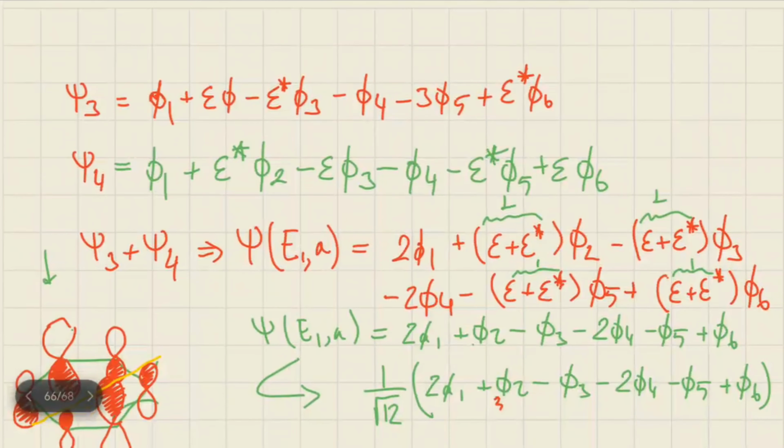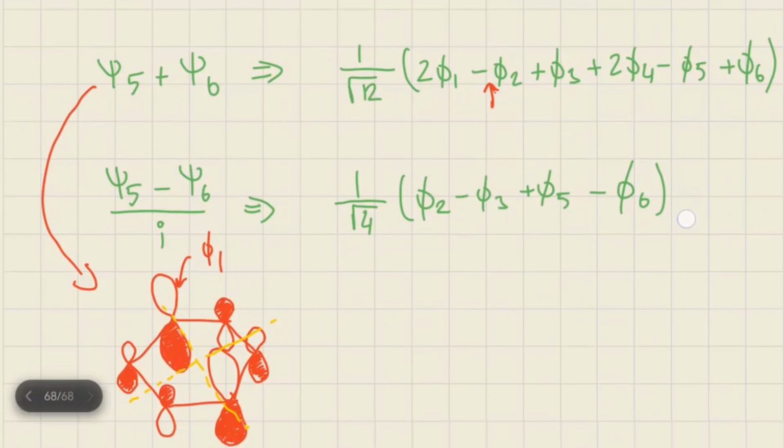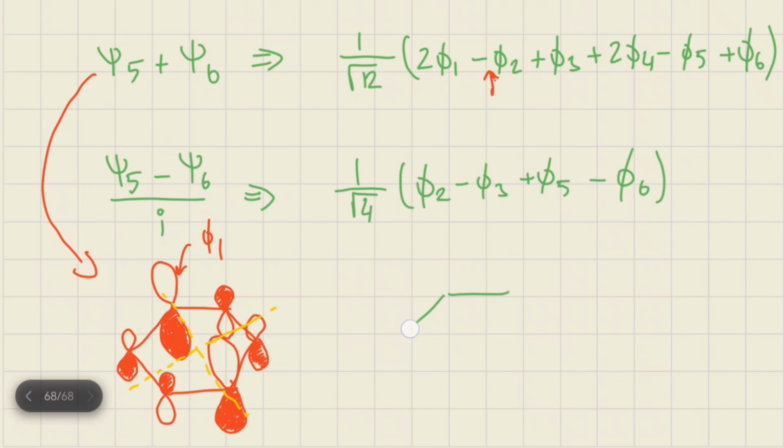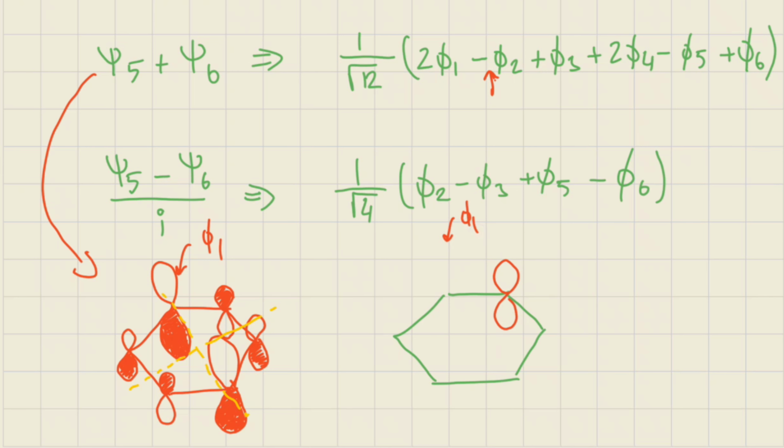And I can make the other one. I guess you understood. So this was phi 1, this is phi 2, this is positive, okay. Phi 3 is negative. Phi 4 is empty, but we have phi 5, and it is positive.